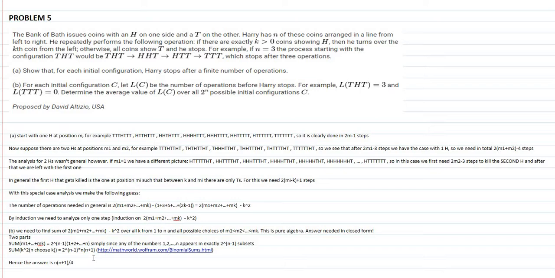I just did this for fun, and that was the simplest way for me. You just go to Wolfram MathWorld and then binomial sums. You find exactly this identity. And then if you take 2 times this minus this, you obtain your answer, and you divide by 2 to the power of n, which is very simple.